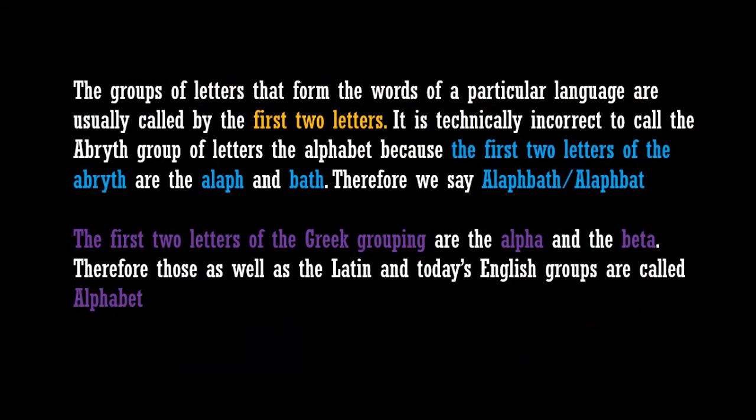It is technically incorrect to call the Abryth group of letters the alphabet because the first two letters of the Abryth are the Aleph and the Bat. Therefore, we say AlaphBat. The first two letters of the Greek grouping are the alpha and the beta. Therefore, those as well as the Latin and today's English groups are called alphabet.